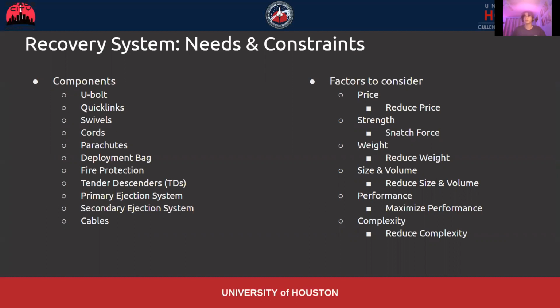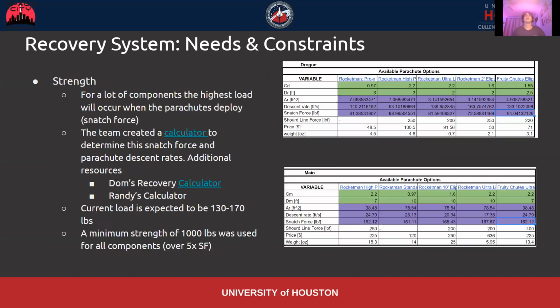I just think these are some of the important ones, but price, you want to minimize your price. Strength for that is basically dictated by your snatch force. Weight, you want to reduce your weight. Size and volume, you also want to reduce that. Performance, you want to maximize it. And complexity, you want to make things as simple as possible.